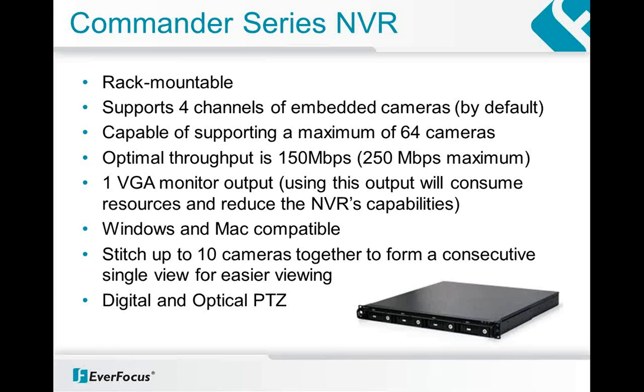It's a 19-inch rack-mountable 1U server. It supports 4 channels all the way up to 64 channels. Optimal throughput on this unit is 150 megabits per second. Maximum is 250 megabits per second. The unit has a VGA output port for local support.